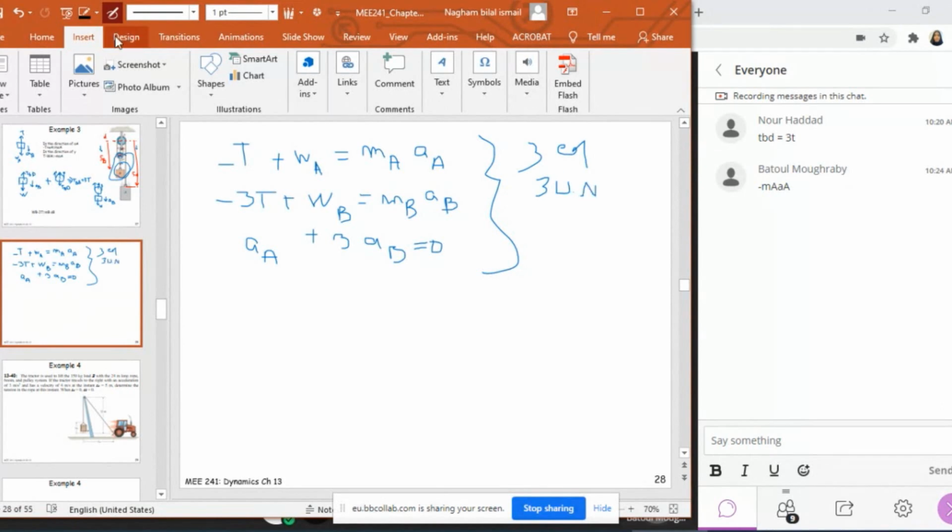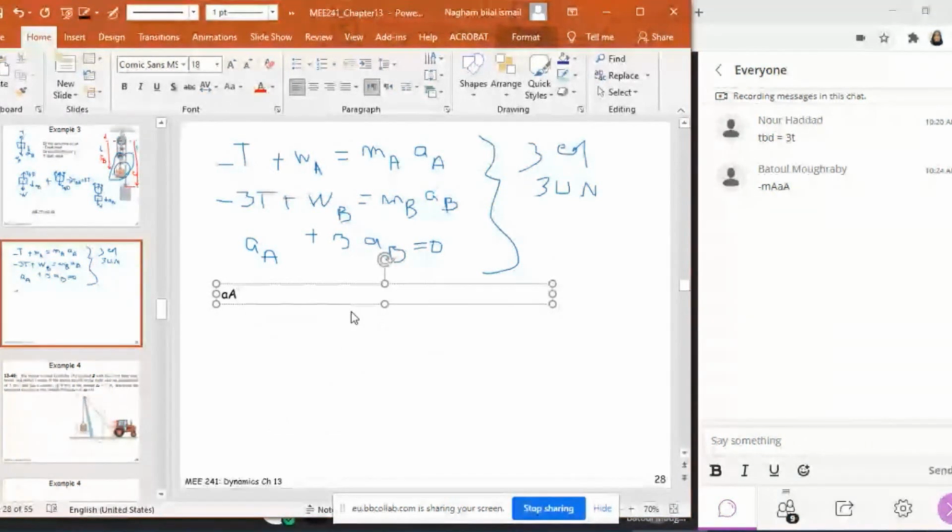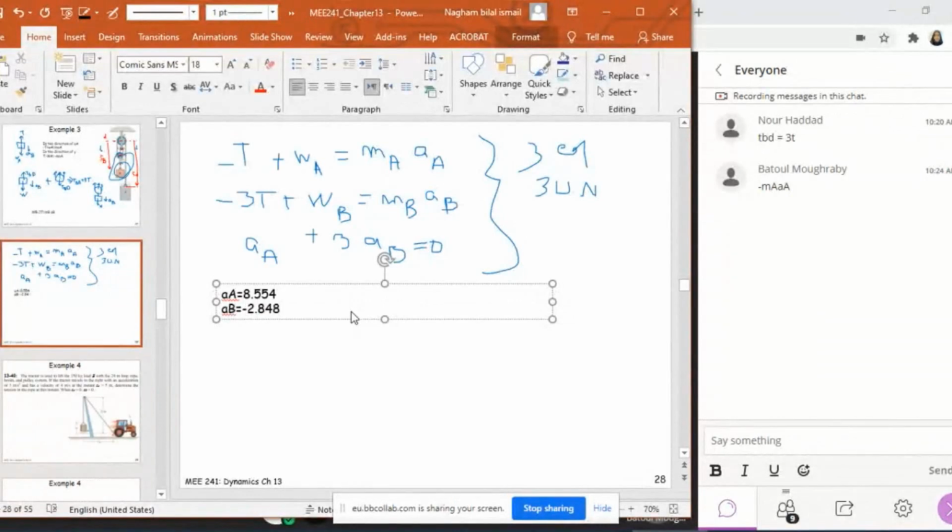So I can solve for them. If you solve these three simultaneous equations using your calculator, you're going to find that aA will be equal to 8.544, aB will be equal to minus 2.848, and T will be equal to 63 newtons. Now, guys, what does this mean?